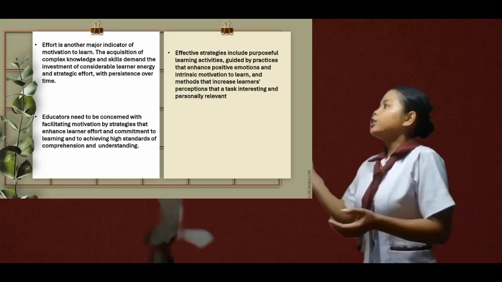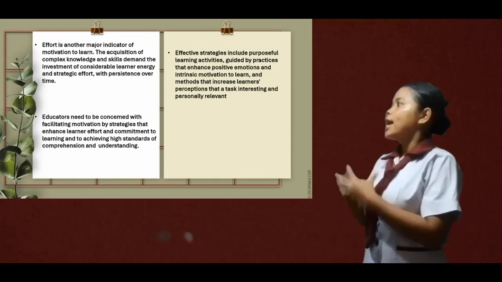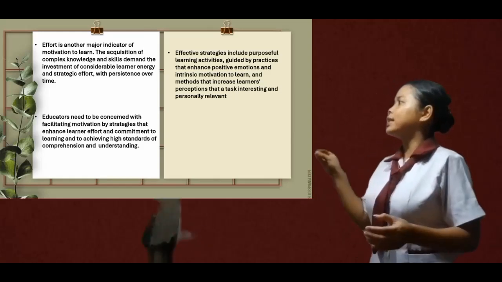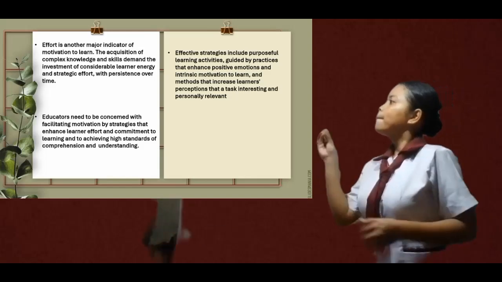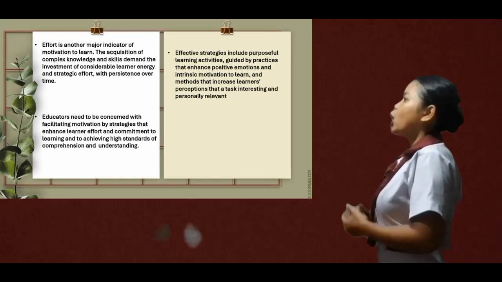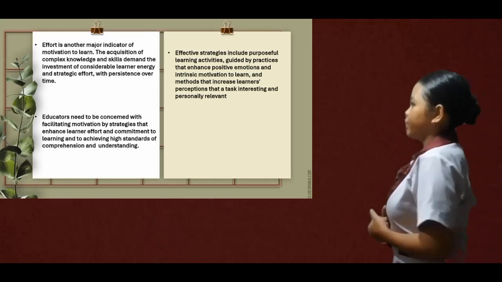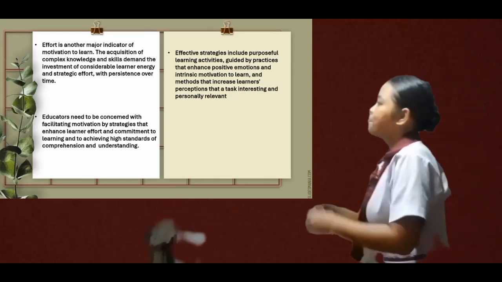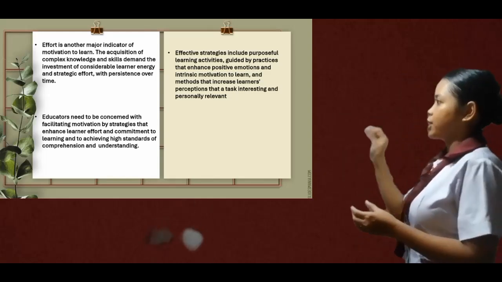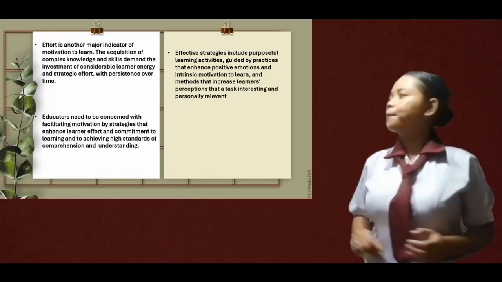Educators need to be concerned with facilitating motivation by strategies that enhance learner effort and commitment to learning and to achieving high standards of comprehension and understanding.